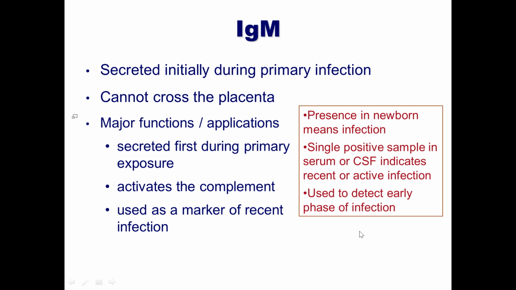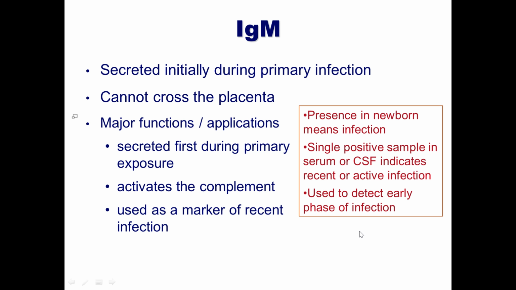IgM is secreted initially during primary infection. When an infection takes place, the antibody initially produced by our body is IgM, and after IgM, IgG will be produced. Clear?